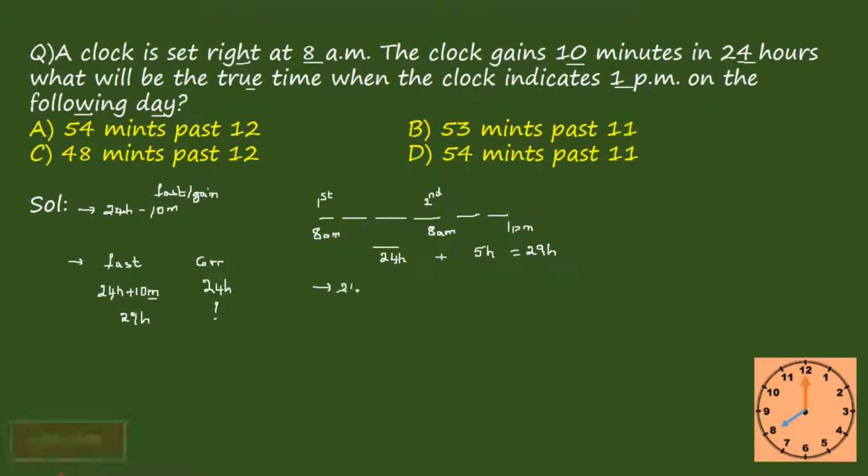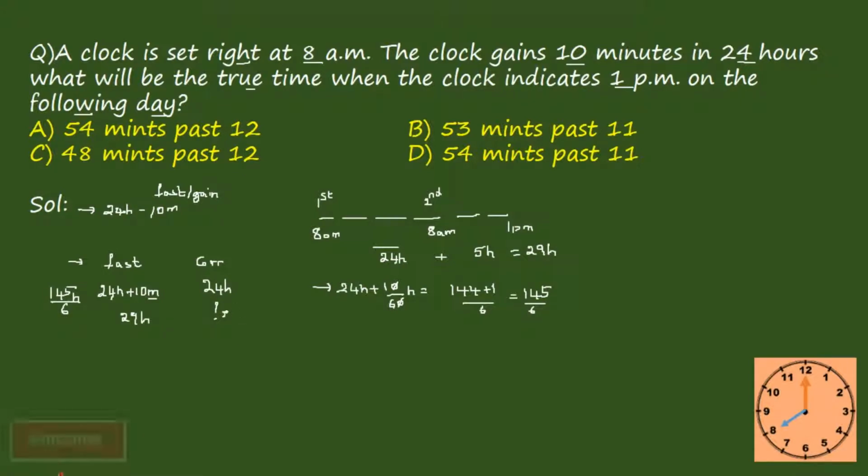Then it becomes 24 hours plus 10 by 60 hours, which is equal to nothing but 0 gets cancelled. 6 into 24 it becomes 144 plus 1 by 6, which is equal to 145 by 6. So here the fast clock would be showing how much hours? 145 by 6 hours, right?